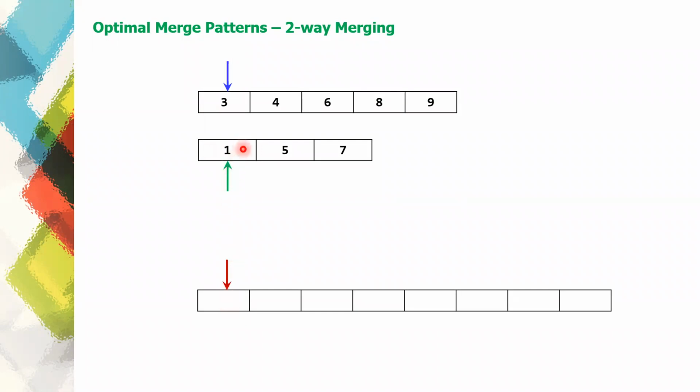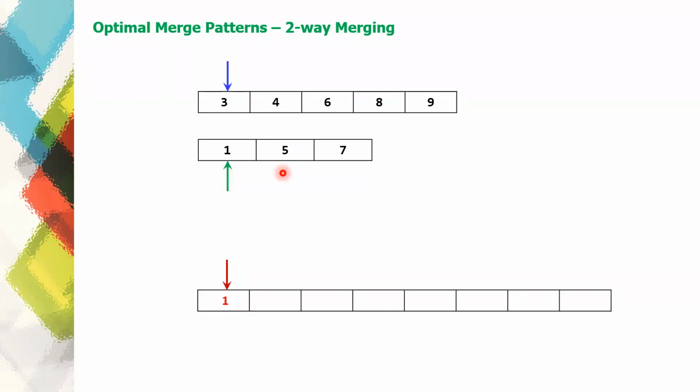So among 1 and 3, 1 is minimum. So I'm going to copy 1 here. Then I'm going to move the pointers and I'm going to repeat the process. Which pointers do I have to move forward? I have to move forward this pointer, and I also have to move forward this pointer.